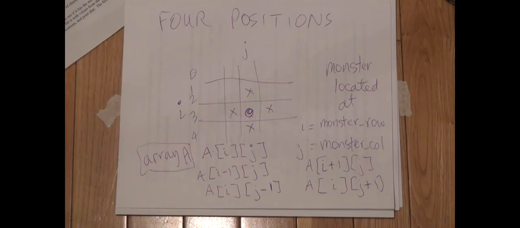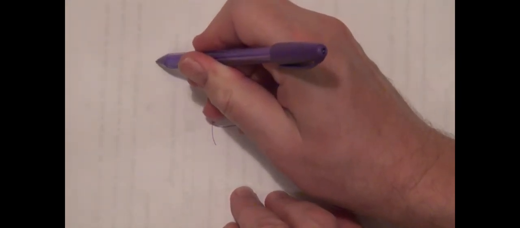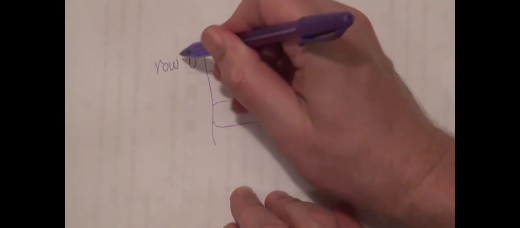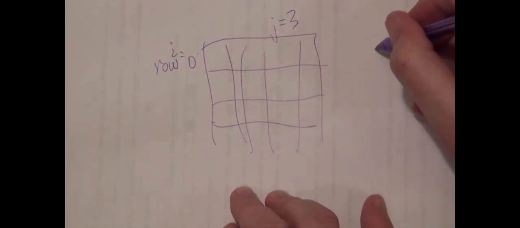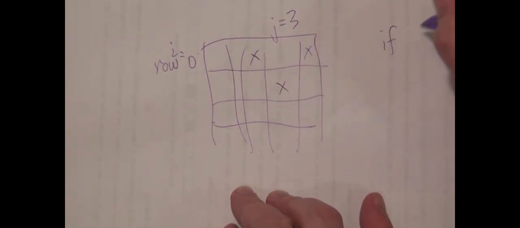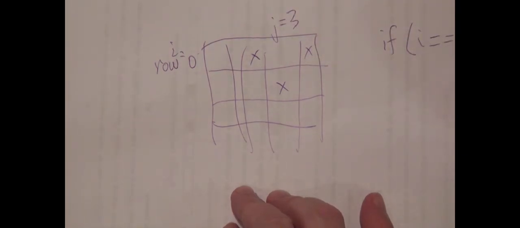And a complication that we'd have to worry about is we don't want to go outside of the array, because we know we're not allowed to refer to a position out of the array. So if we were in row 0, so I was equal to 0, and J is something, maybe 3, well, in that case, we only have 3 positions we're interested in. If I is equal to 0, we're not interested in going up into I equal minus 1.